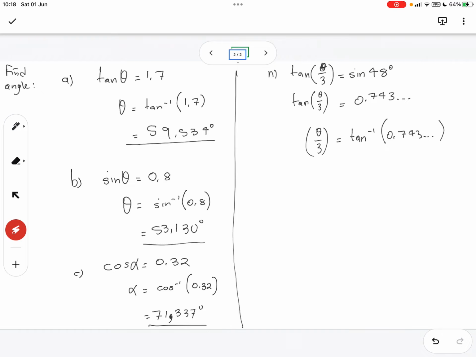So the tan of a third of theta equals the sine of 48 degrees. That's what this initial expression tells us. So now when we solve it, we can say multiplicative inverse 3 arctan 0.743. So we can now take the arctan of this and multiply it by 3 to get 109.853 degrees. You see that?